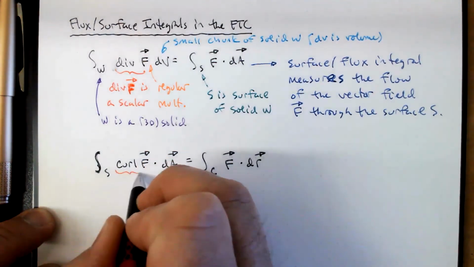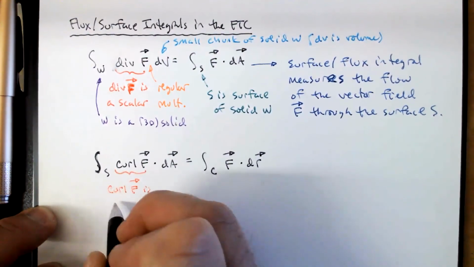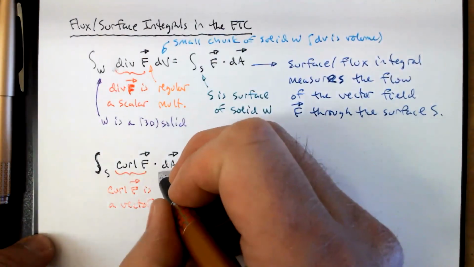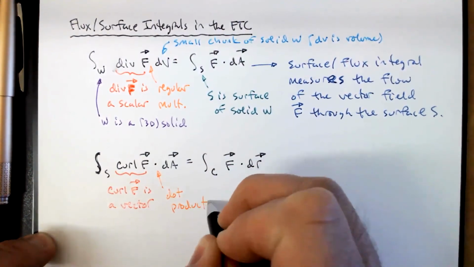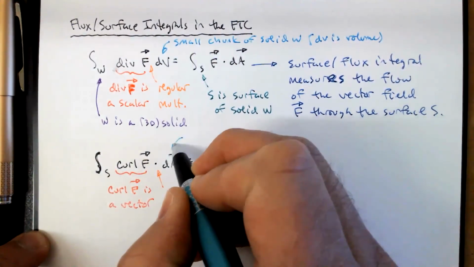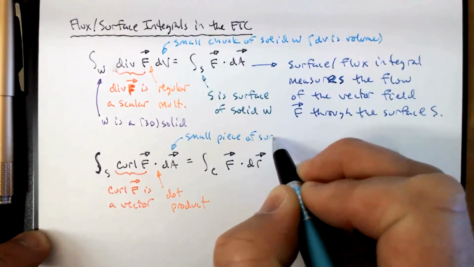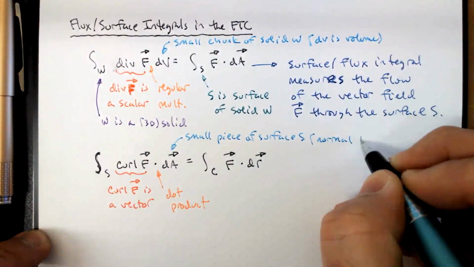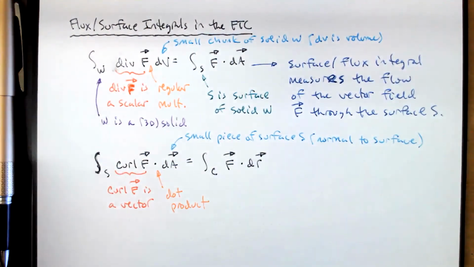So we should note that curl of F is a vector. And so this is not regular multiplication, this is a dot product. dA is still some small piece of the surface S, and it is normal to the surface.